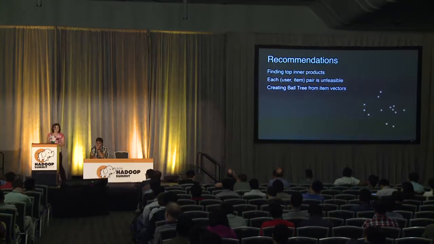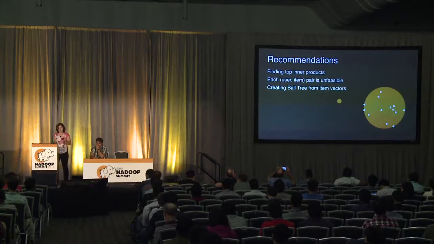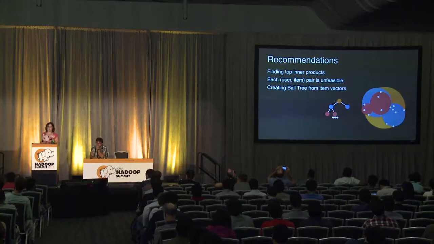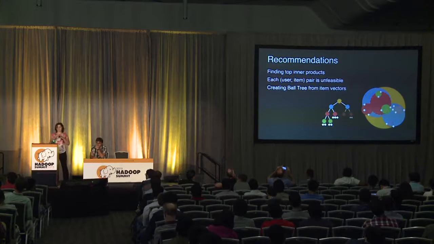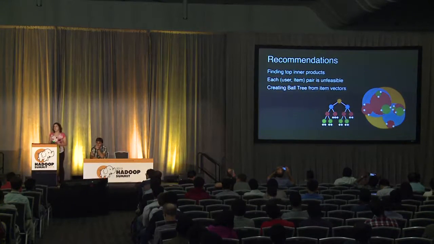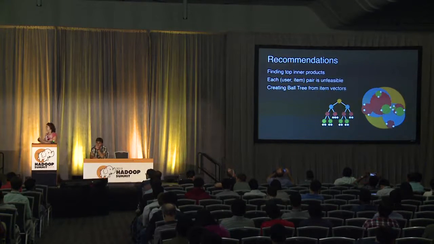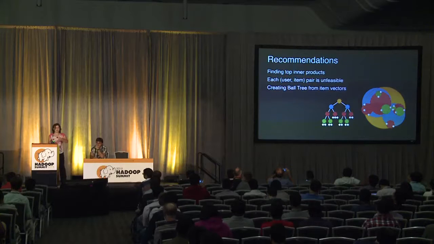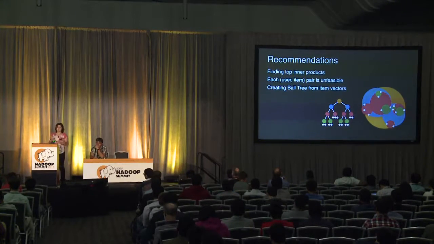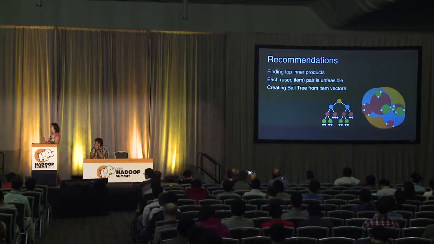A ball tree is basically a binary tree where each inner node represents a ball that surrounds all the vectors within that subtree. And the leaves of this tree represent some subset of vectors. Now, there are formulas that, based on the query vector and the center and radius of the ball, say what is the largest possible inner product for the query vector and any vector within the ball.